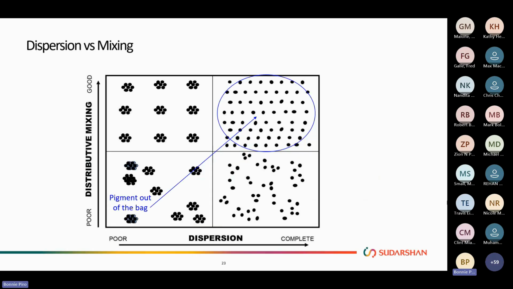But ultimately, when you take the pigment out of the bag on receipt, these are going to be bigger clumps. They're loose, but they're bigger in here. And ultimately, in the dispersion process, you want to be able to get to that finest aggregate size, not primary size, aggregate size. And then once you get there, you want them to stay that way. So you want a good, stable dispersion.